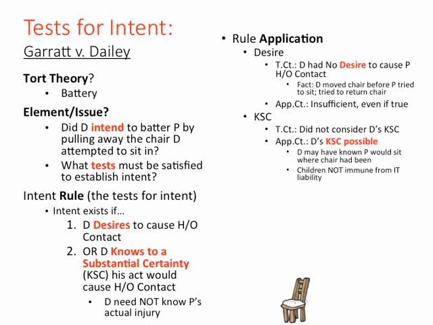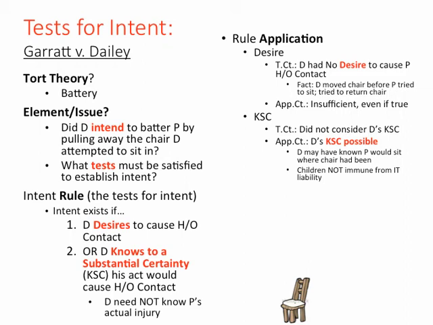Now, in the trial court, the court was really focused on only the first test for intent. The court said that Brian had no desire to cause the plaintiff any harmful or offensive contact because the court actually believed that Brian really just moved the chair minutes before and had no idea that she was about to sit down.